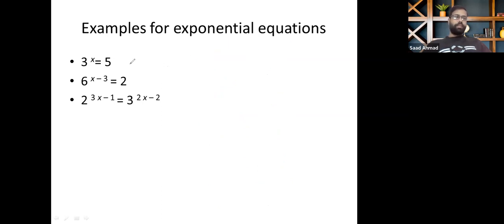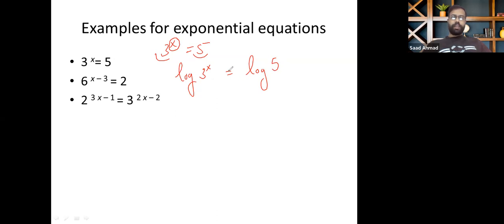All right, let's see the next one. This one, 3 to the power x equals 5. Now we don't see that both sides have the same base, so we cannot just equate the powers. So what we want is to move x out of the exponent. So we take the logarithm on both sides.